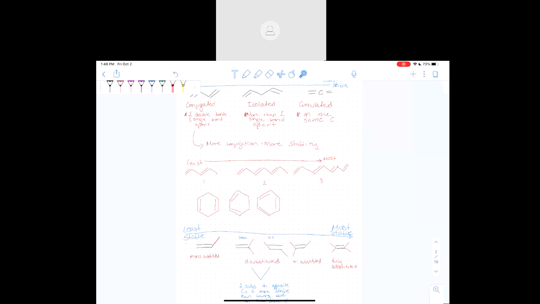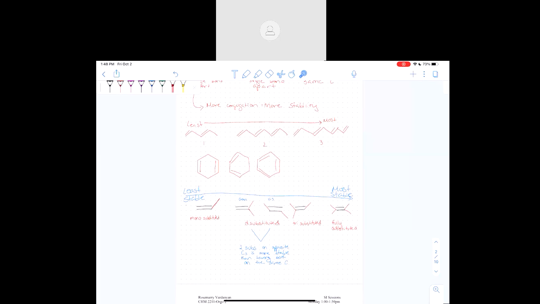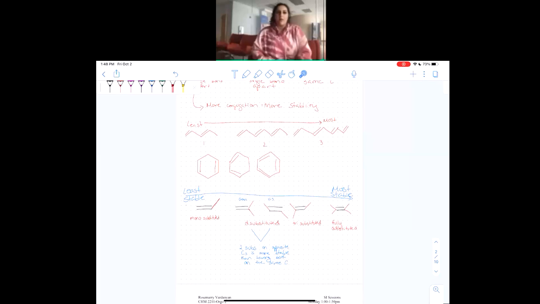Great question. If he asks you to compare a molecule that has a fully substituted double bond, but there's only one of them, versus one that has 3 double bonds in conjugation, it doesn't matter if those double bonds are mono substituted or fully substituted, they're still conjugated.